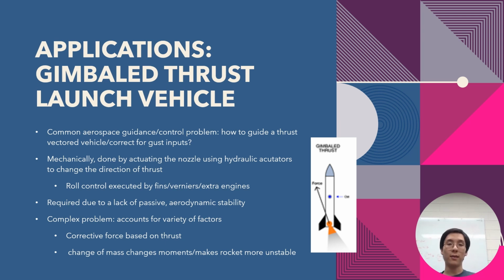That's required because launch vehicles are often not aerodynamically stable. In fact, they're usually actively aerodynamically unstable. This is a very complex problem which accounts for a variety of factors, such as the corrective force being based on thrust, as well as changes in mass and moments from the center of mass changing continually.